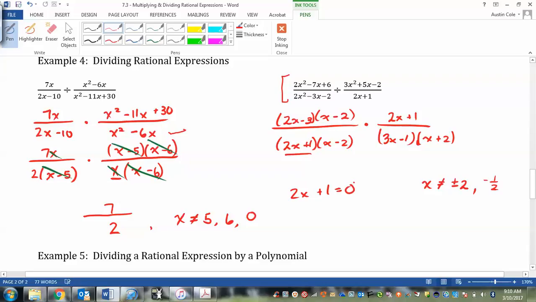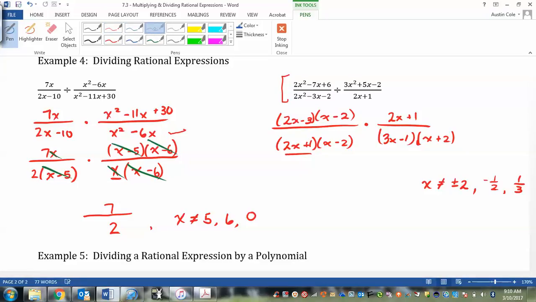If I set that equal to 0 and I'm solving for x, minus 1, I get 2x equals negative 1. Divide by 2, negative 1/2. So if there's a number there, take the opposite of that number, divide by that number. Then I need to do the opposite of this number, which is 1, divided by that number, 3. So we have 4 values that x essentially cannot be.